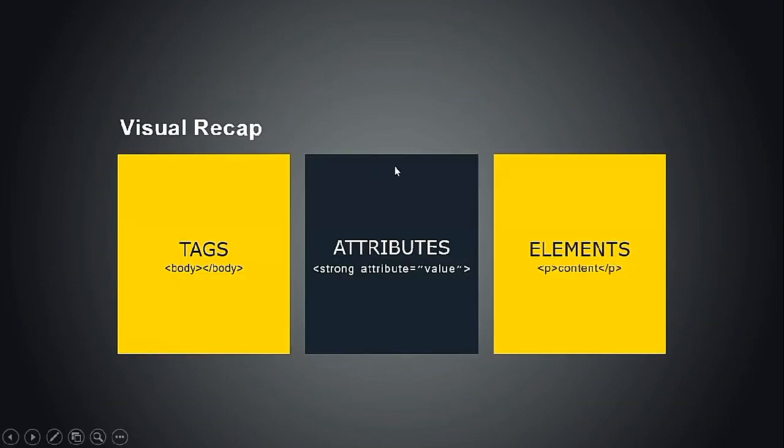Now let's look at a recap of what we have learned till now. Tags are those which only have the tag names, and attributes provide additional information to the tags, and the elements are the whole block of content together with the content and the tags.